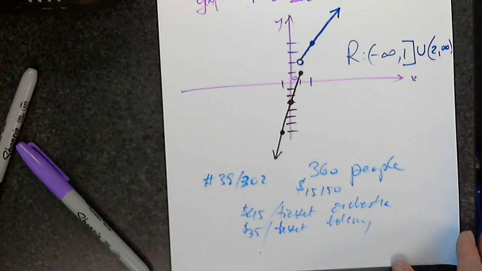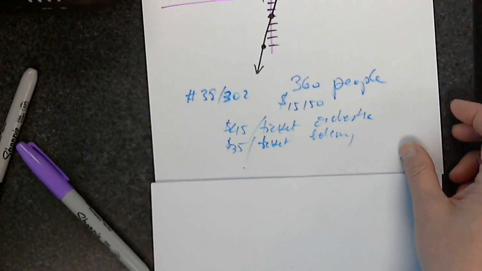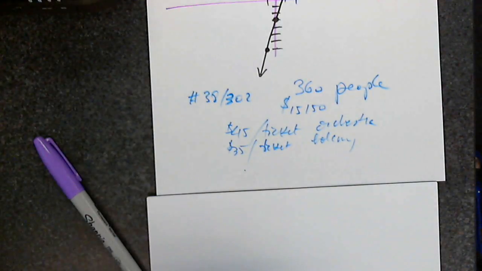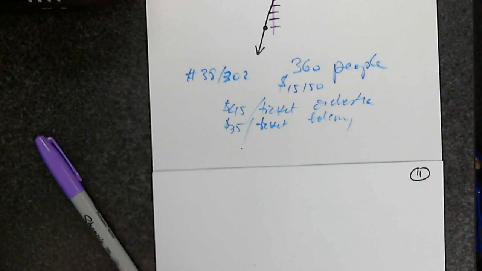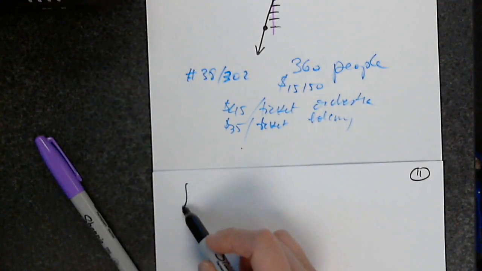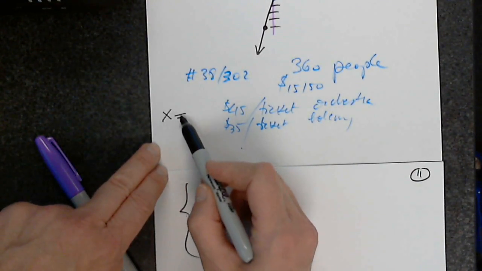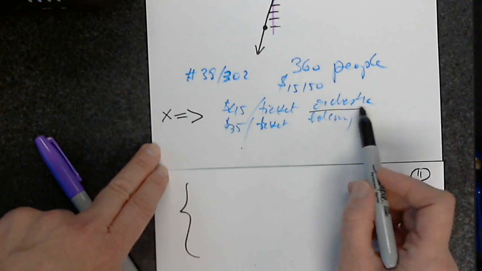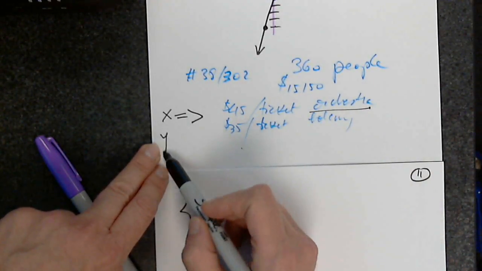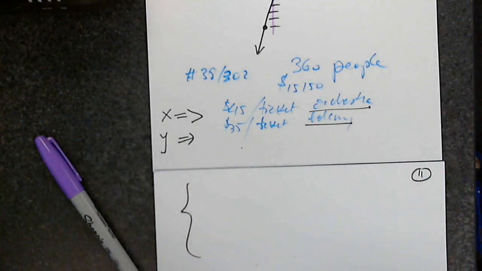How many variables do we have in this problem? 2. How many equations do we have to write? 2. Very good. So I'm going to say x is the number of seats in the orchestra, and y is the number of seats in the balcony. Good.